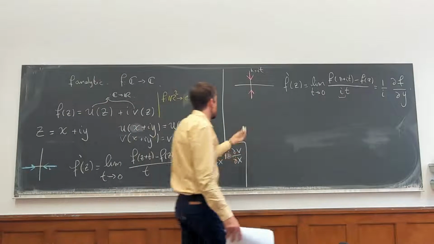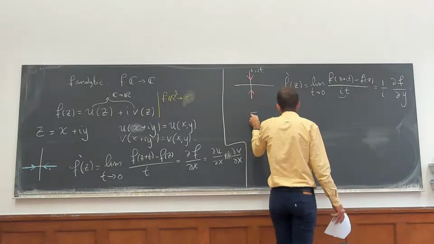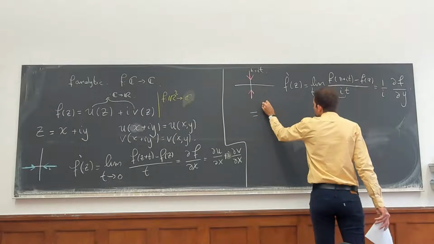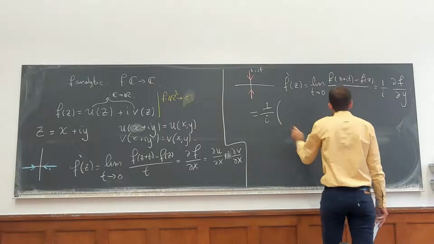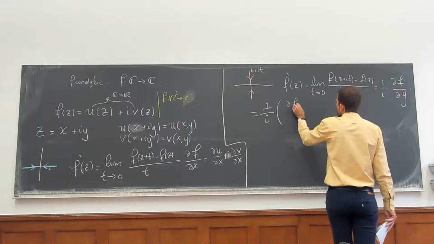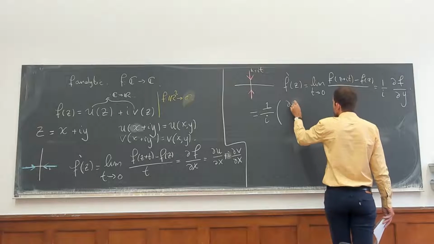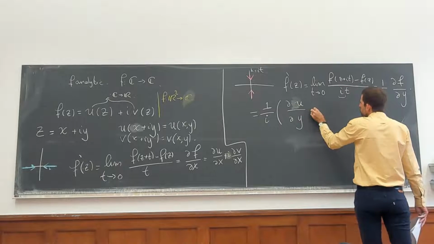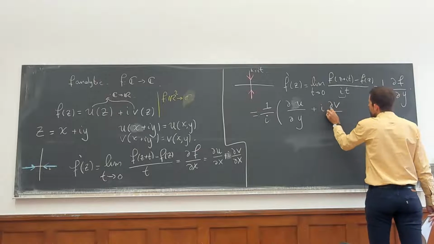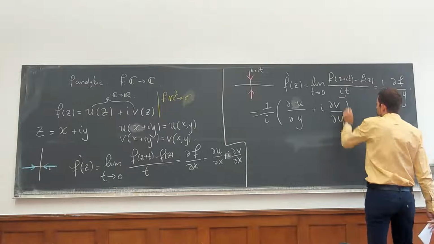And so in particular, now we can continue with this. What we get is 1 over i times the partial derivative of u with respect to y plus i times the partial derivative of v with respect to y.